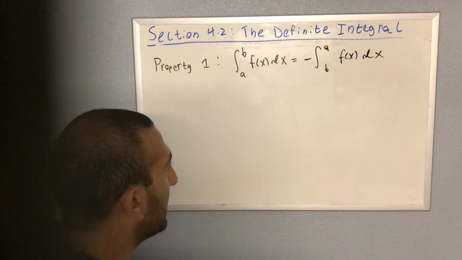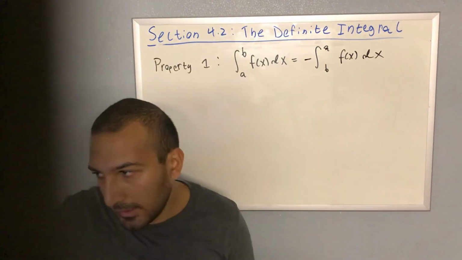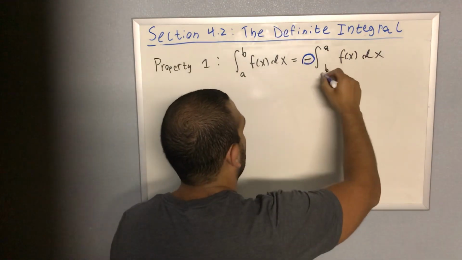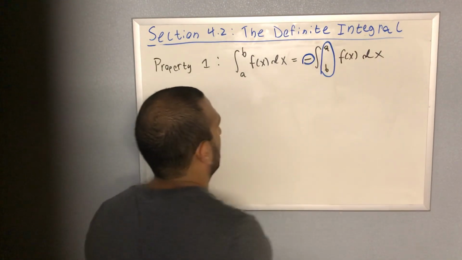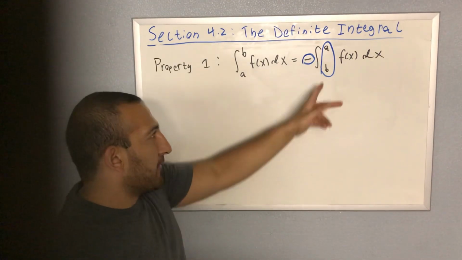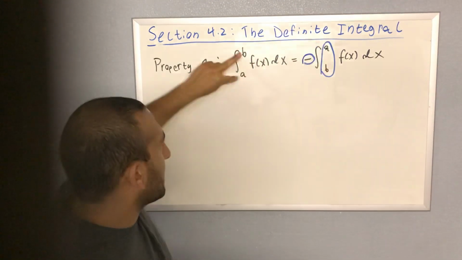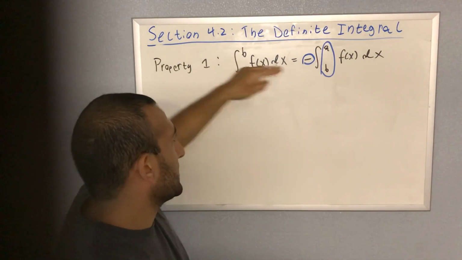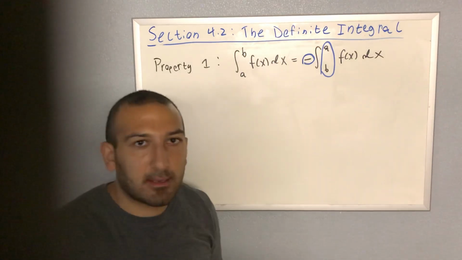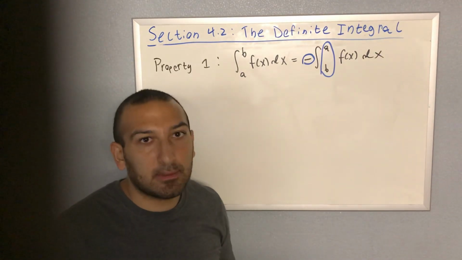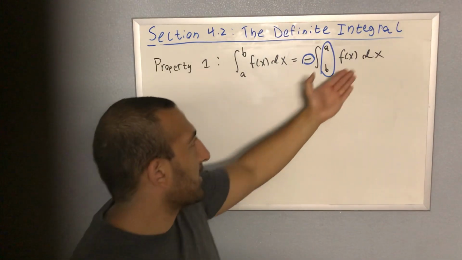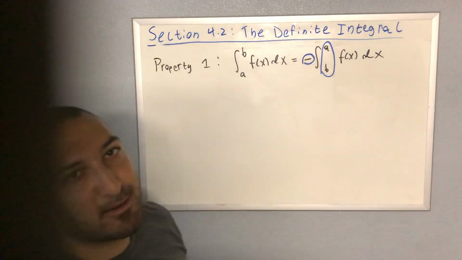The big thing to look out for is that the minus sign is here. In a nutshell, what this means is if you want to flip the limits of integration, the order that you're integrating, you have to pick up a minus sign. That's all this is saying. This property comes in very handy in a lot of scenarios, and we'll see.